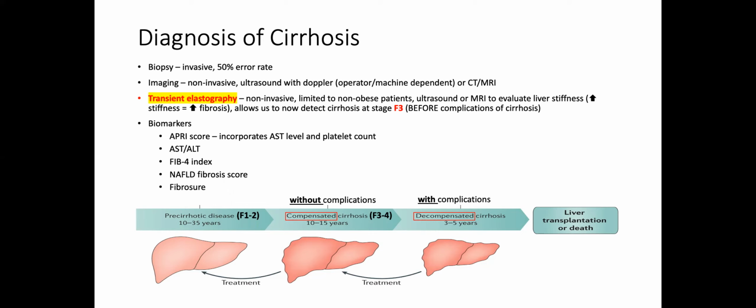How do you diagnose cirrhosis? What's the best method? Transient elastography. That's what you need to know. Also know it's compensated if they do not have complications, but if they do have complications, then it's decompensated. That is what I would know from this slide. And before we could not detect compensated cirrhosis, but now we can with this transient elastography, which is the F3.